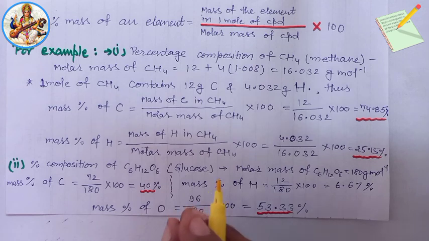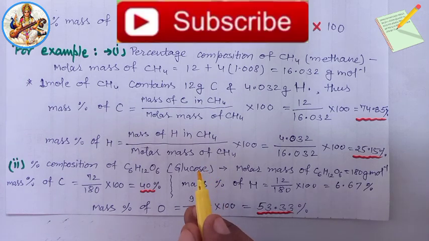For this, we determine the empirical formula, and I have already prepared a video on determining the molecular formula from its empirical formula. If you didn't watch the video, you should watch it.